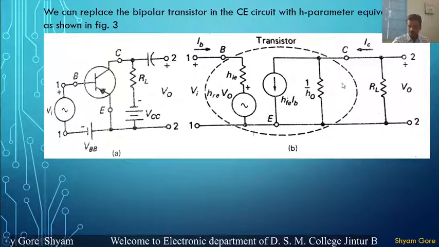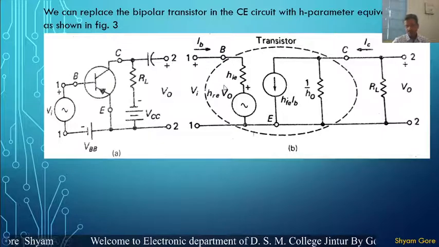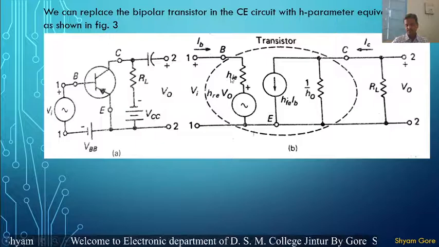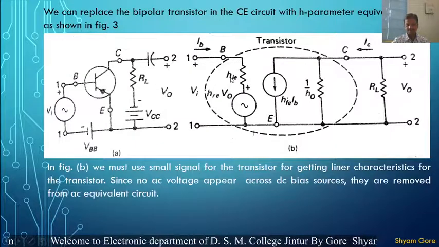So this is the H parameter equivalent circuit for bipolar junction transistor.